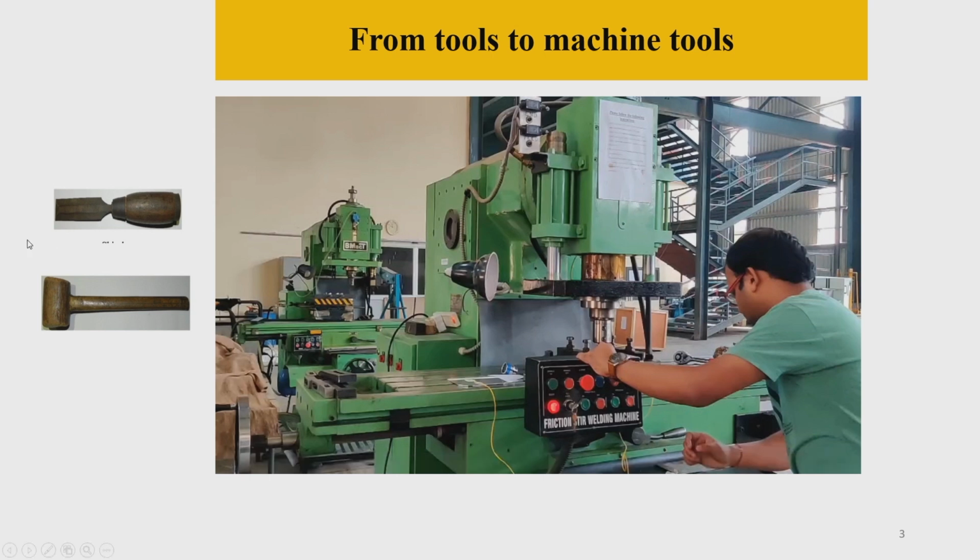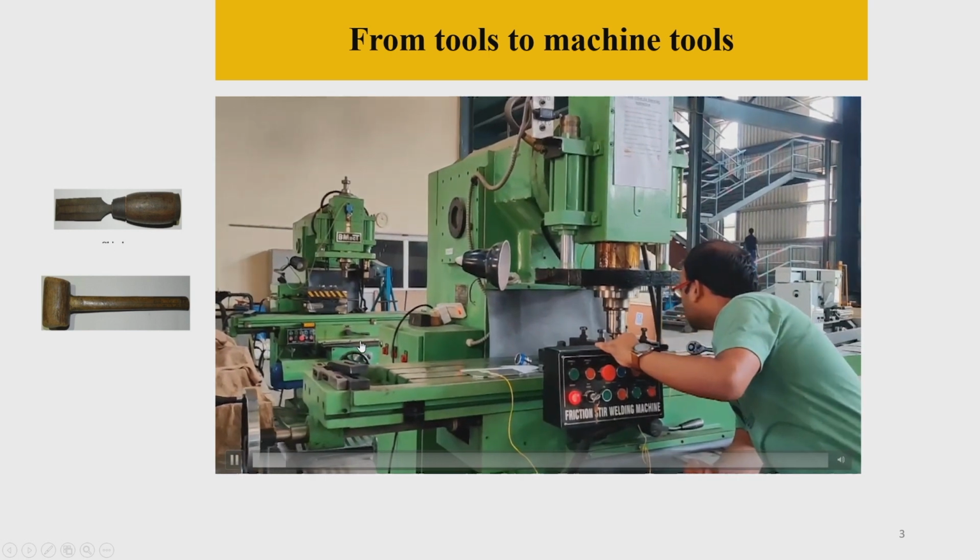So, we can see that earlier people made tools, which have been used since ages. People used to have stone tools, then wooden tools and so on. From tools we moved to machine tools.